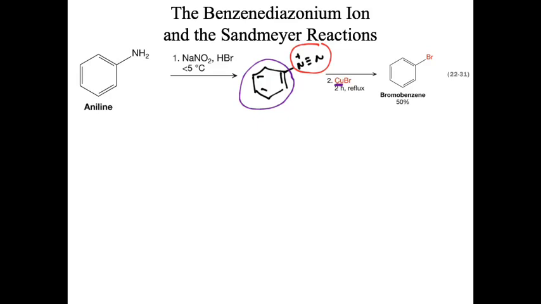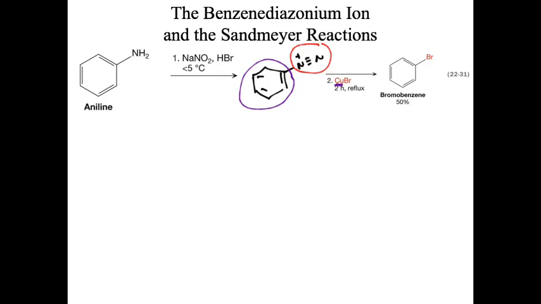What charge was the carbon? Positive, because our nitrogen would leave with the electrons, which means the counter that we're adding in there needs to be negative. So copper bromide. The copper helps to coordinate and temporarily stabilize that carbon during the transition of the nitrogen leaving and the bromine coming in.